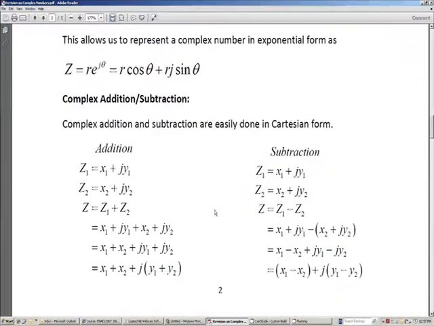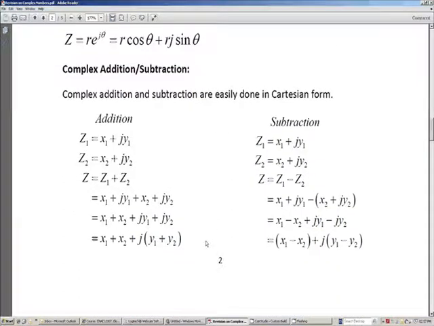And then going further down, on complex addition and subtraction. Now in Cartesian form it is easy to add and subtract complex numbers because the real part and imaginary part are separate. Real parts can be added separately or subtracted separately. Imaginary parts can be added and subtracted separately.